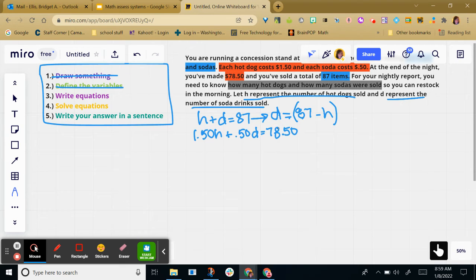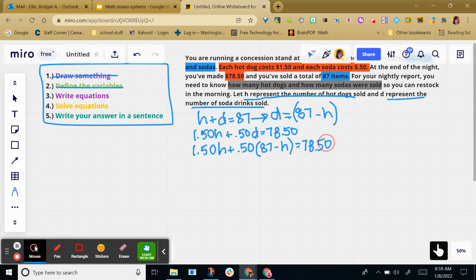So here we go. 150H plus 0.50. Now that says D, but up here I know that D is the same as 87 minus H. So that's what I'm going to put in there. 87 minus H equals 78.50.